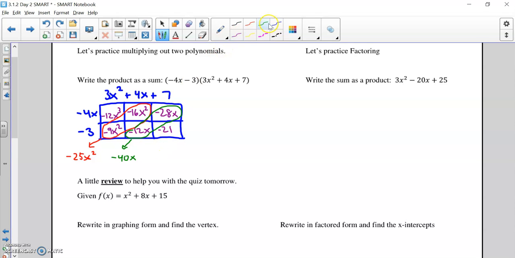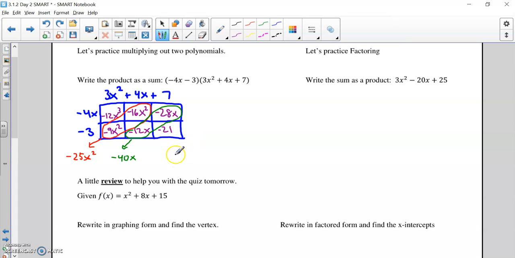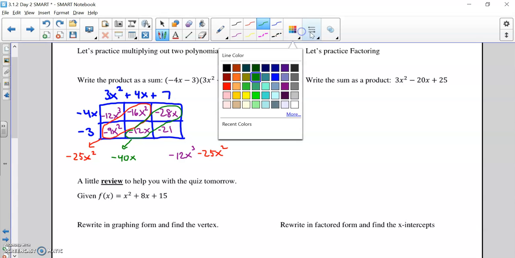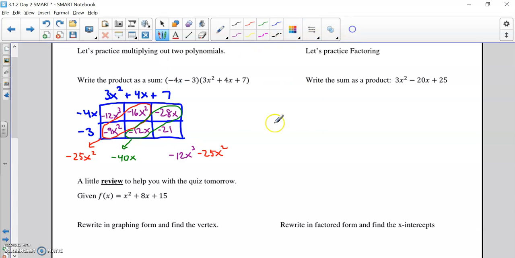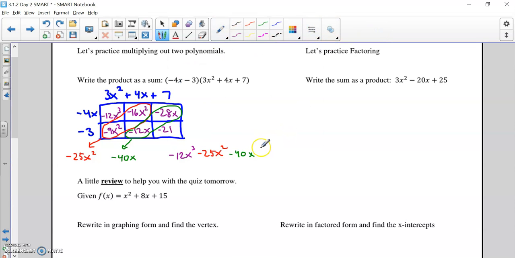So our final sum that we're going to get here when we add everything together will be negative 12x cubed minus 25x squared minus 40x, and then minus 21. And again, I'm just adding everything in the box. Okay, and that is our sum.